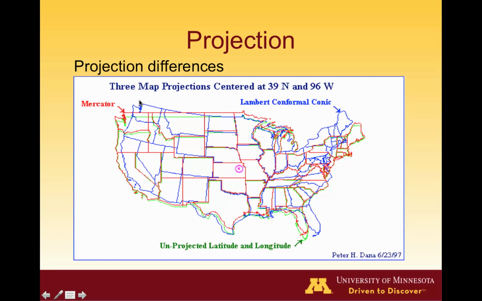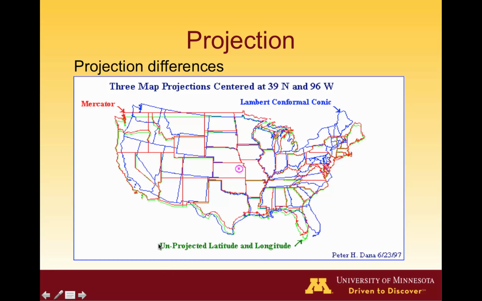For example, in this picture, the blue one is the Lambert conformal conic projection result, and the red curve is the Mercator projection using cylindrical projection.